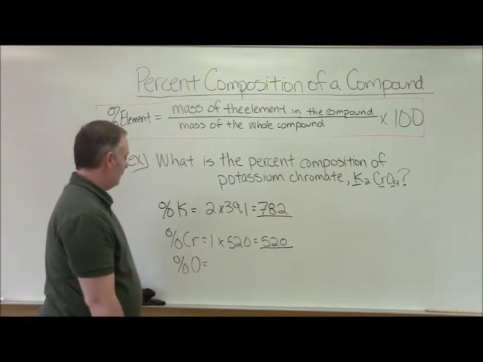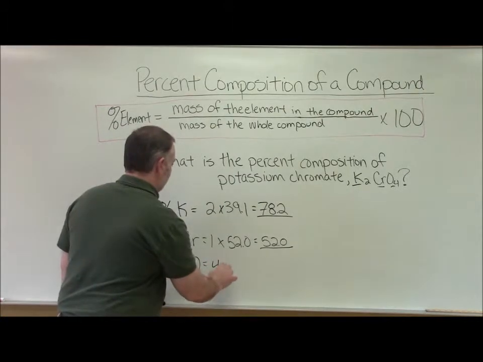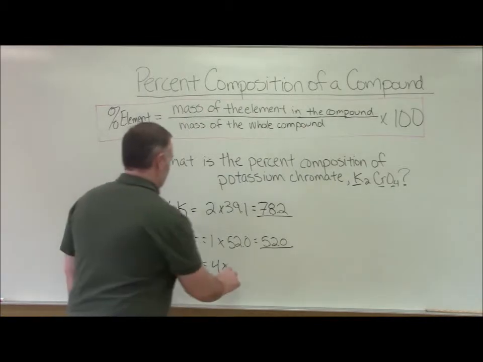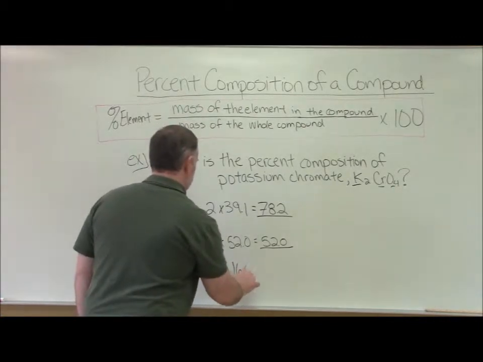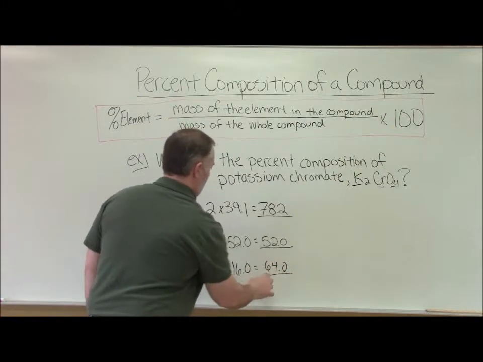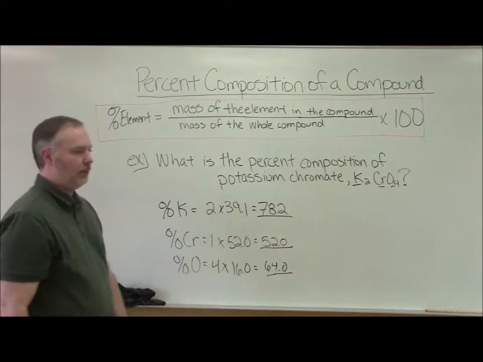And then last thing we're going to do, I have 4 oxygens, so I got to multiply the 4 times oxygen's mass, which is 16.0. All right, so add up 78.2, 52, and 64.0.